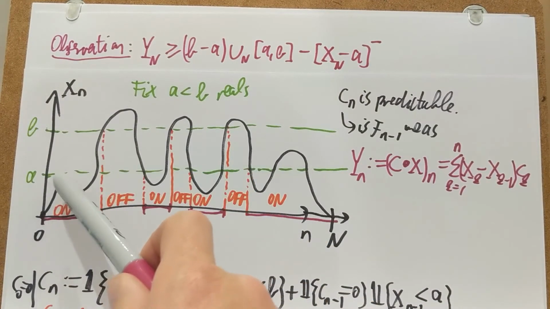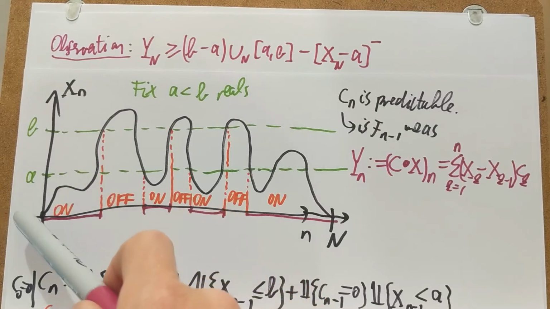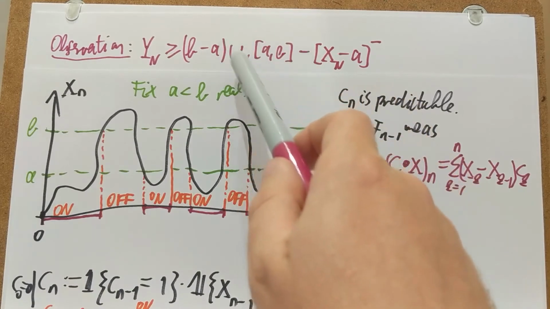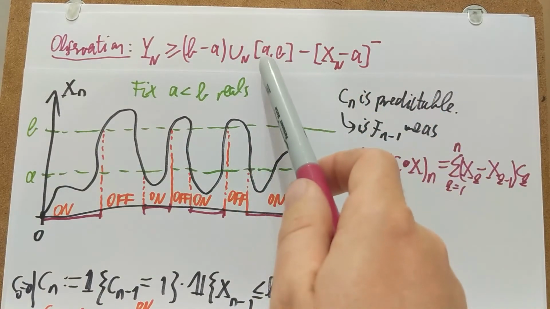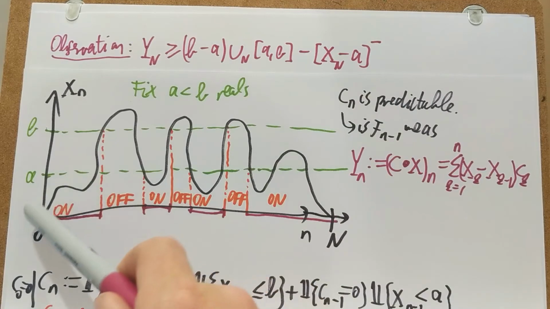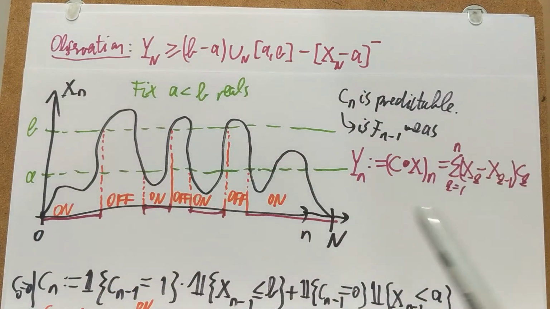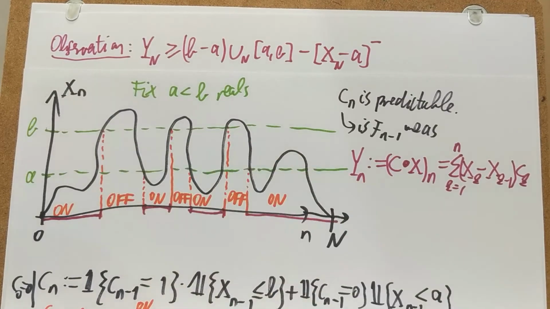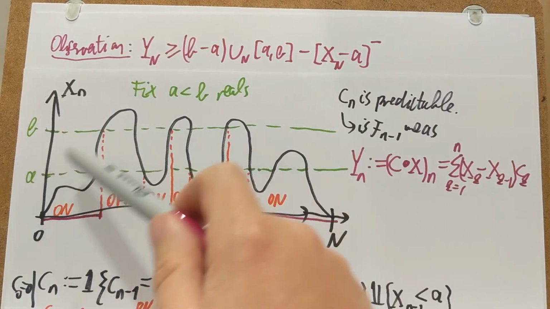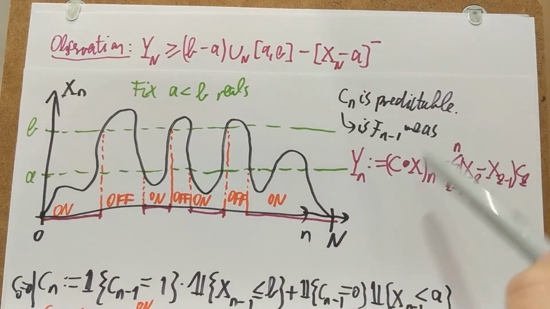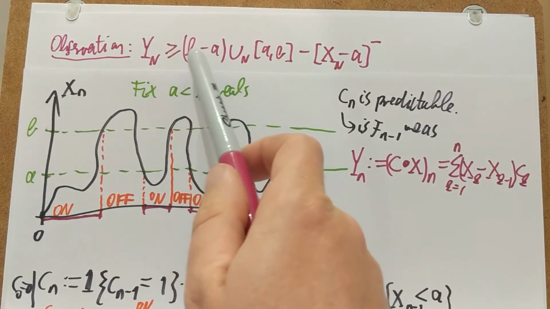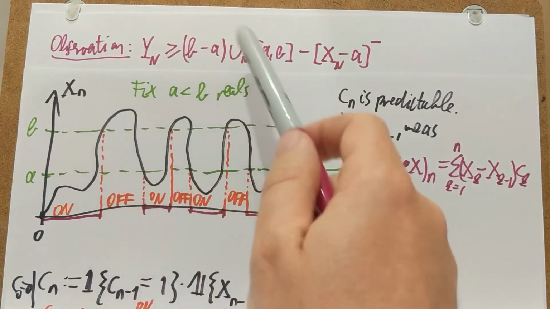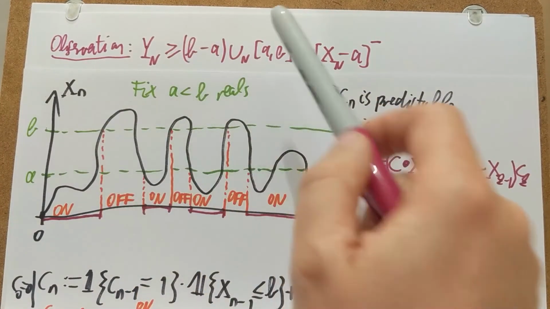Anytime I see an upcrossing, I know that I started from below A and ended up above B. So for every upcrossing, counted by U, I know that my total change in this sum was at least b minus a, because I came from below a and ended up above b. So every time I see an upcrossing, this quantity adds a contribution of at least b minus a, times the number of upcrossings, and that's where this term comes from.